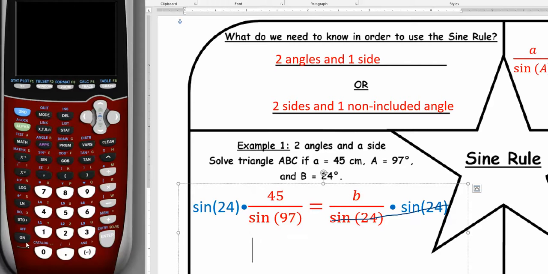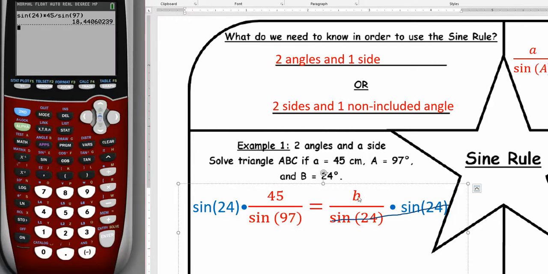Since b is isolated now, we're just going to type in sine of 24 times 45 divided by sine 97. And once we've done that, we find out that b equals 18.44 centimeters, and don't forget those units.